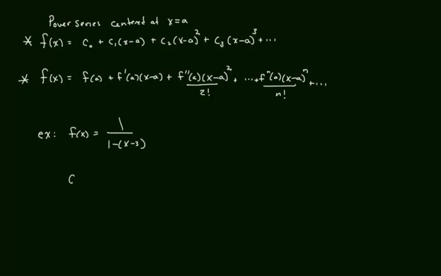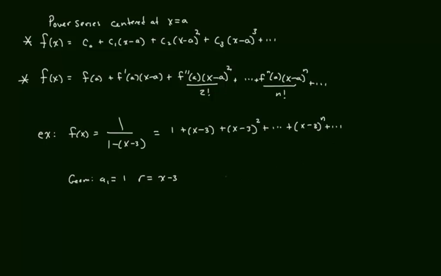which, as we said in the earlier lesson, is geometric. a1 equals 1, the common ratio is x minus 3, and now I write out the terms of the series. 1 plus quantity x minus 3 plus x minus 3 squared plus dot dot dot plus x minus 3 to the power of n plus dot dot dot.